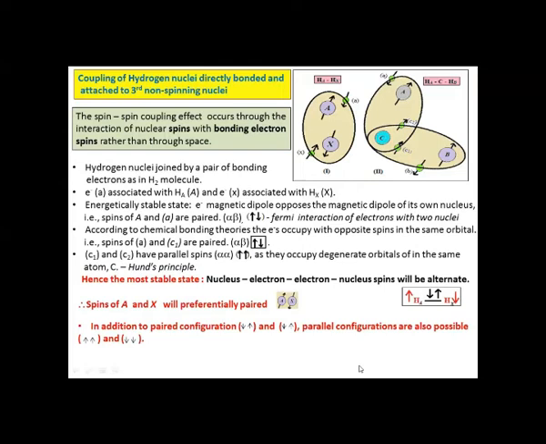So when the interaction happens, four kinds of spin combinations are possible between the two hydrogen nuclei when they are directly bonded. When they are bonded to a non-spinning nucleus, the mutual magnetic influence will happen through the bonded electrons, but not through space.